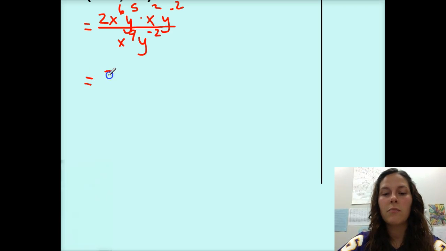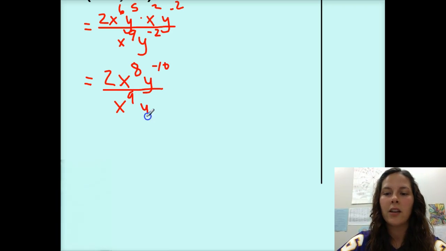After that, I'm going to multiply my x's in the numerator, so I get x to the 8th. I'm going to multiply my y's in the numerator, so I get y to the negative 10. In the denominator, I don't have anything to multiply, so I have x to the 9th, y to the negative 2.